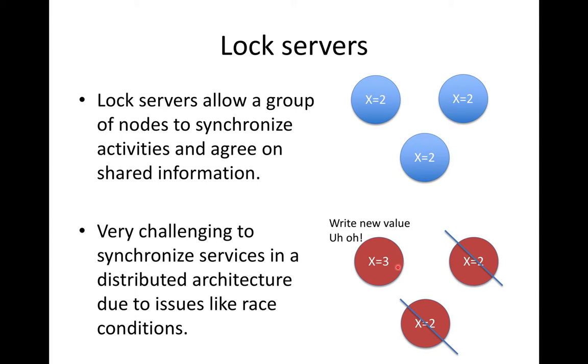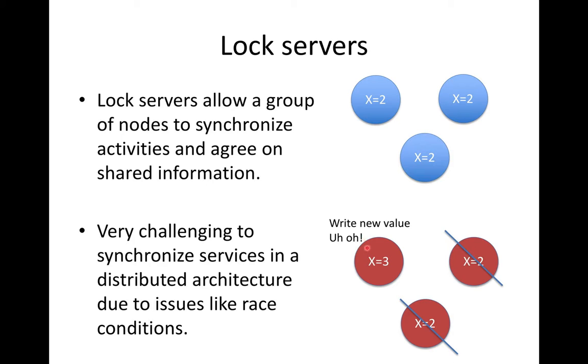Well, now we have a situation where if these other two servers come back online, two of the servers have the value where X equals 2, and one of the servers thinks that the value of X is equal to 3. And that could be a real problem.